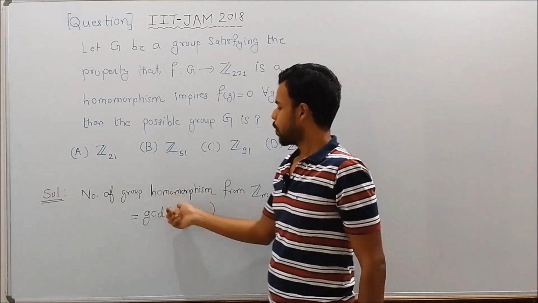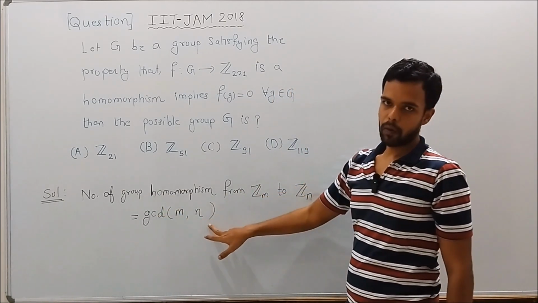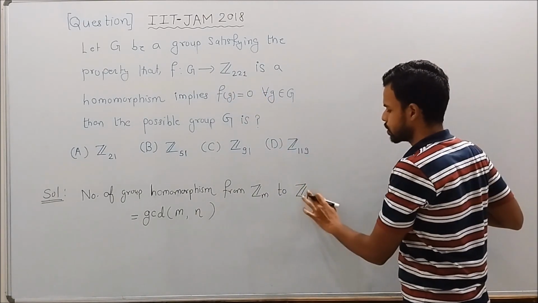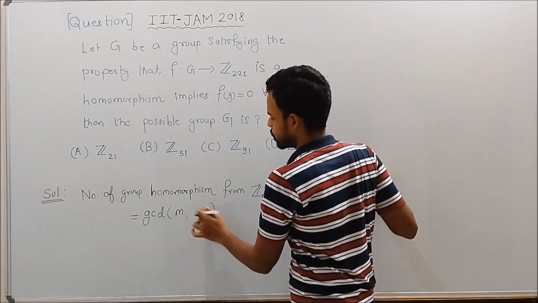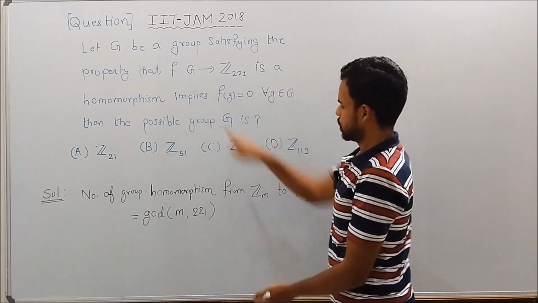The number of group homomorphisms from Zm to Zn is given by GCD of m comma n. So what is n here? n is 221, so replace n by 221 in the formula. We have to determine G here.